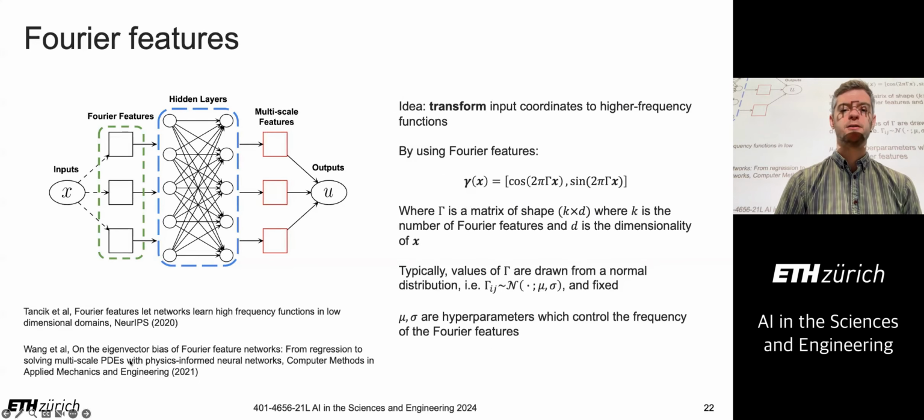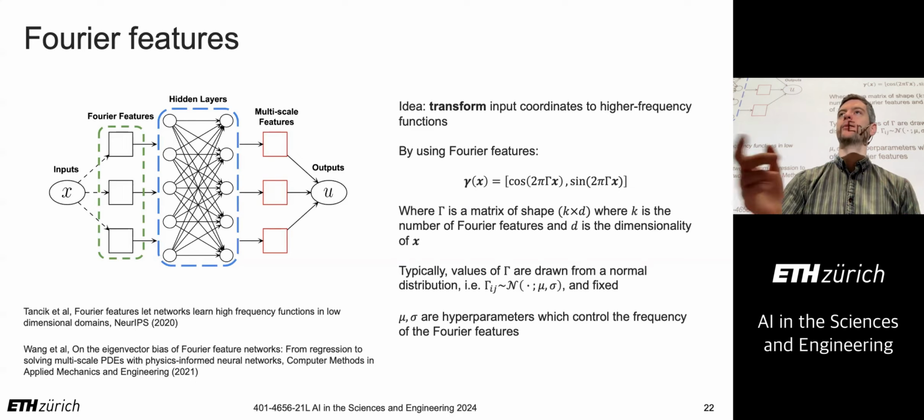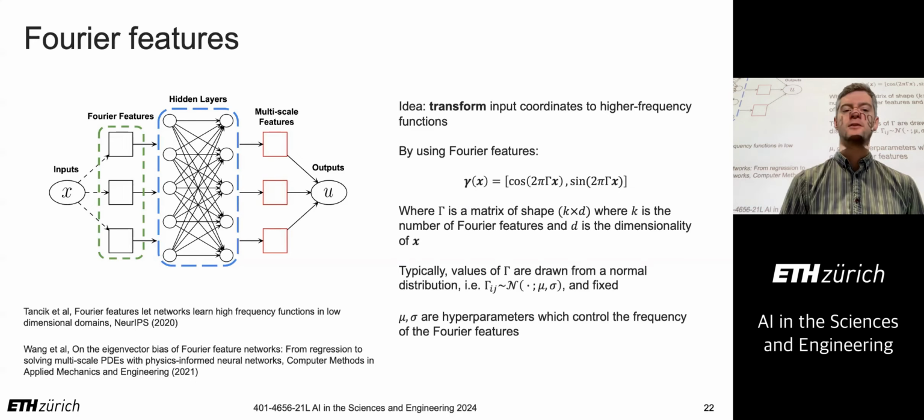These papers looked into Fourier features in much more theoretical detail. Under certain assumptions of the network, you can show much more favorable convergence rates for higher frequencies, for example using neural tangent kernel theory to investigate convergence rates.